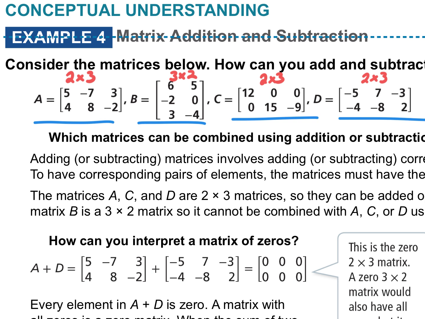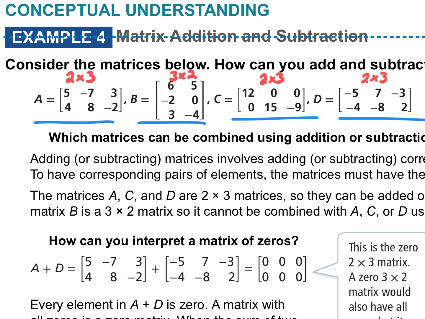No, because it's missing. If I tried to add -2 to something, is there anything to add it to? No. So, a little note to self: you cannot add matrices with different dimensions.